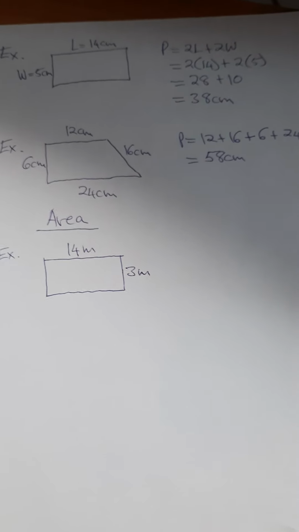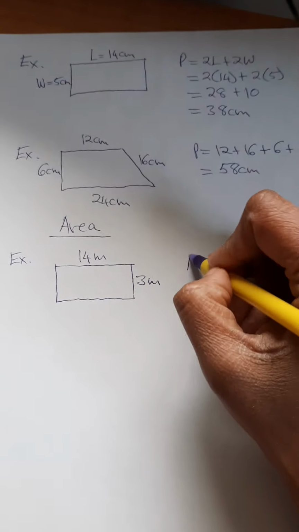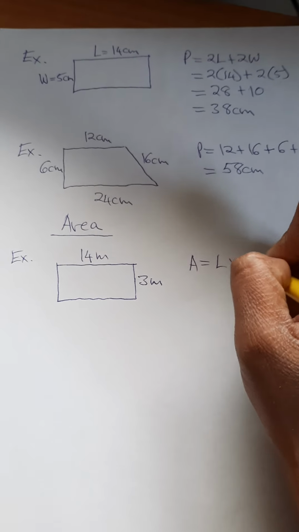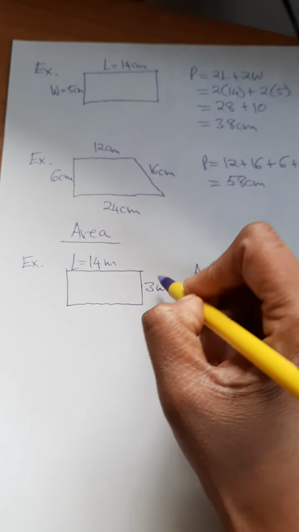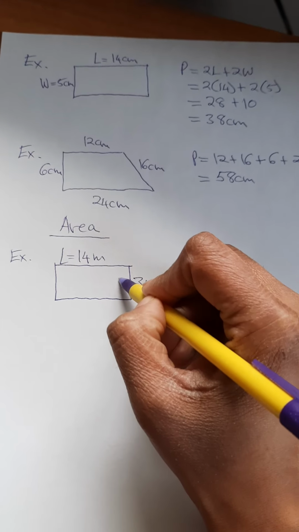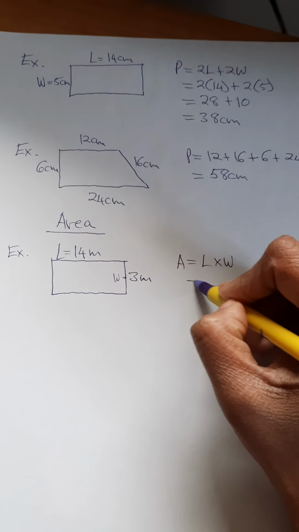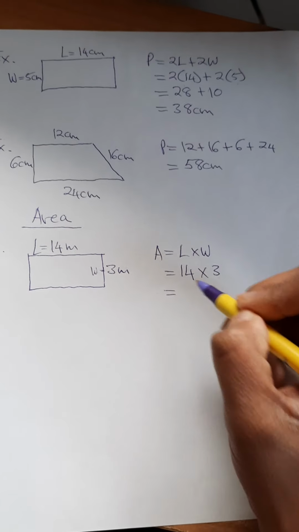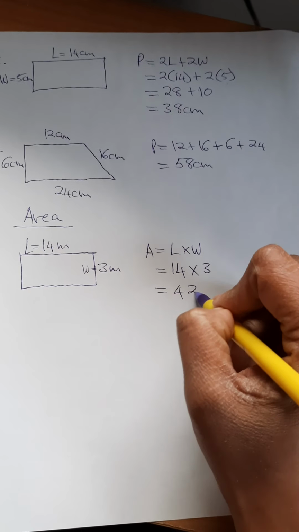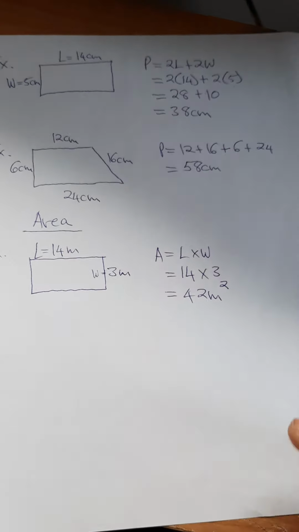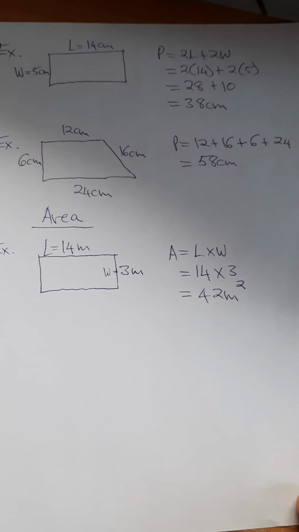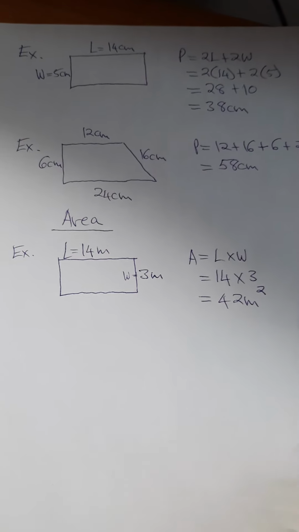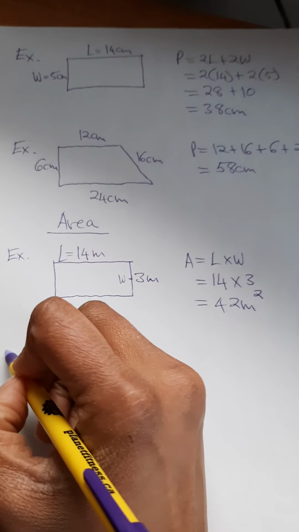And what we're going to do is write the formula, which is length times width. Remember, the length is always the long side here, okay? So this is the width right here. So we're going to do 14 times 3, which is equal to 42 meters squared, okay? So don't forget to square your final answer here, okay, when you're doing the area. Any questions there?